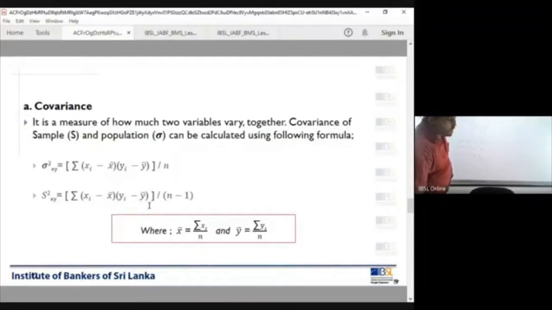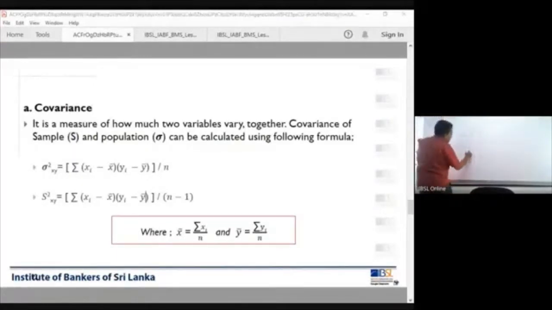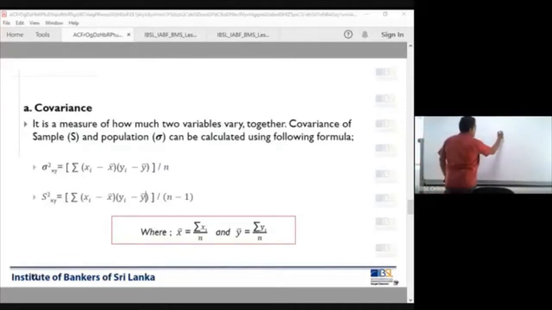To calculate manually, these are the values of the x variable, and these are the values of the y variable. So what we are going to do is calculate the x average and y average, and let's say hypothetically we get x bar as 3 and y bar as 4.